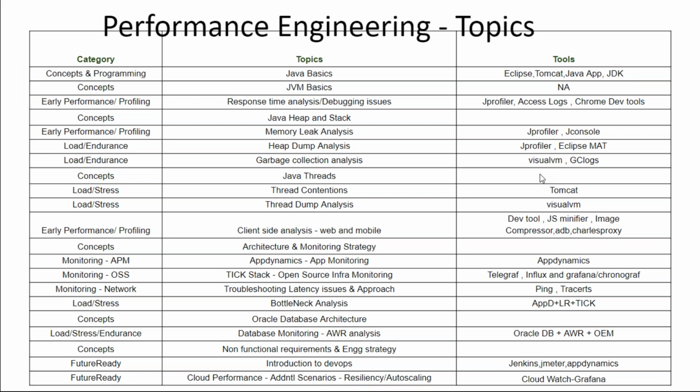Every component has to be monitored. For example, we are going to cover Oracle, but in your project you'll also have, say, MongoDB. MongoDB has to be monitored, and you need to find the bottleneck in MongoDB if there's a problem. But until you get into a project, you cannot gain that knowledge.